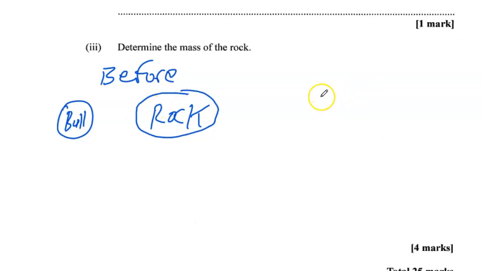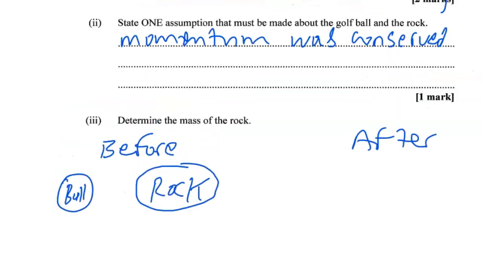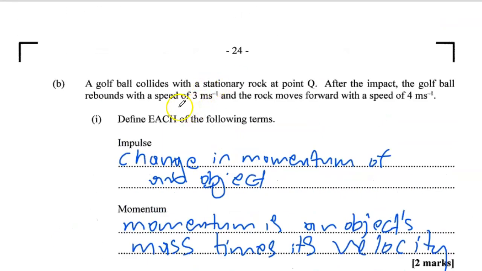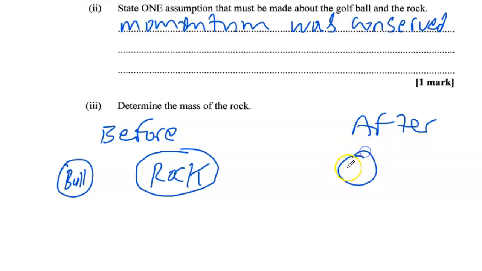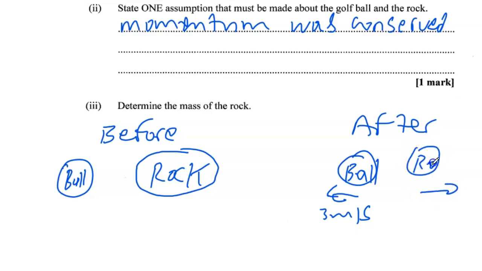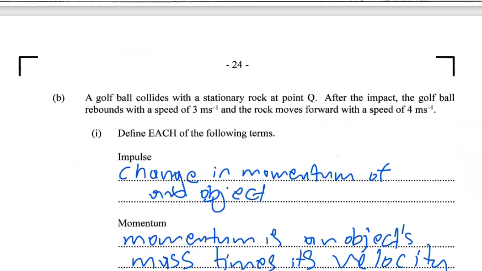Let's do before and after. After the collision, the golf ball rebounds with a speed of 3 meters per second, and the rock moves forward with a speed of 4 meters per second.